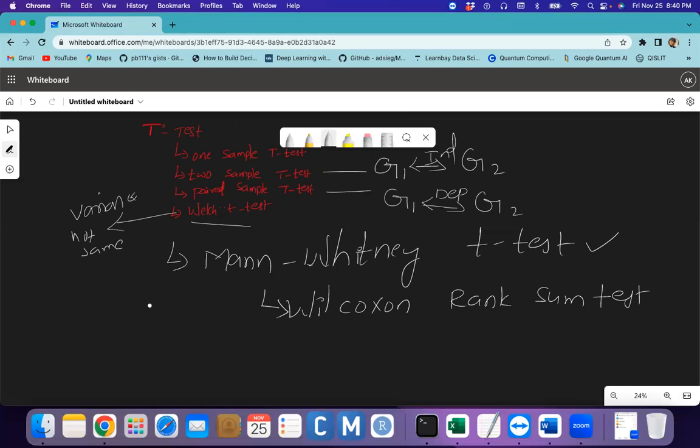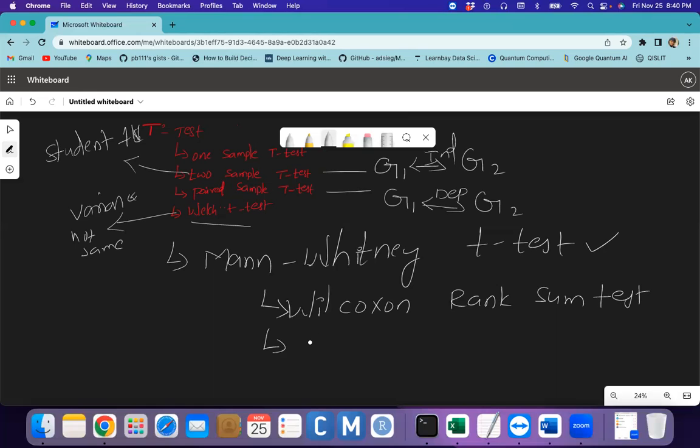See here, the main point is, this two sample t-test has another name, the Student t-test, which has the same application, or the same principle, as the two sample t-test, which is the replica of the Mann-Whitney.